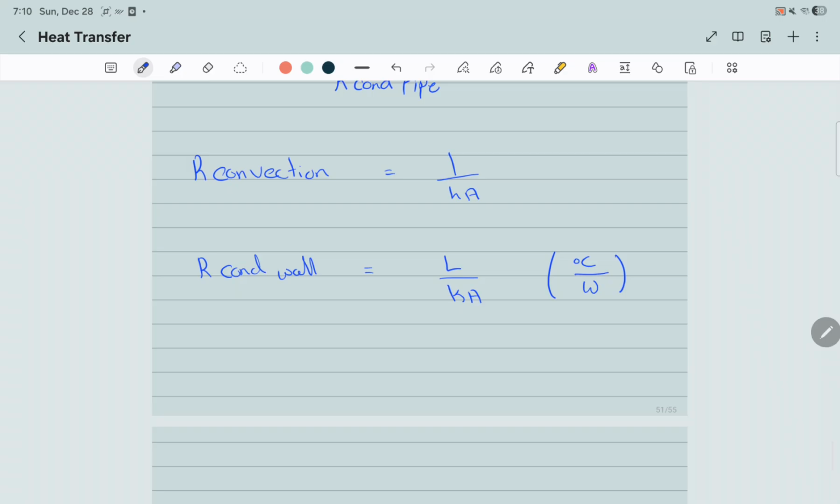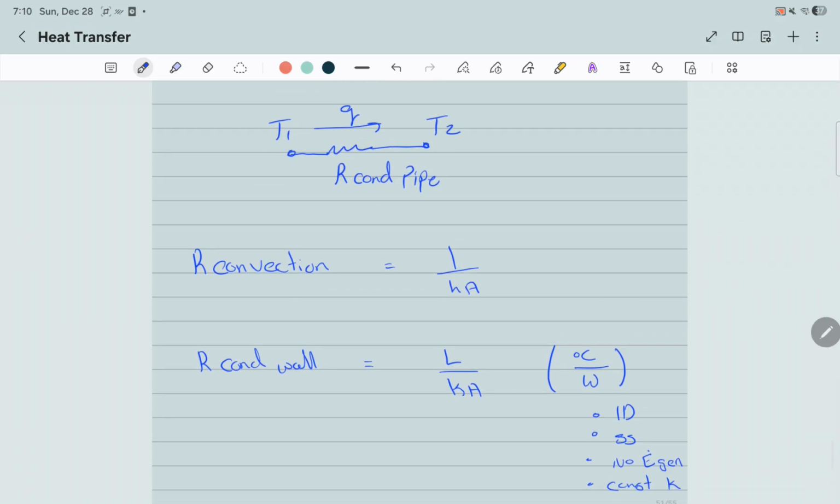For the conduction wall, this can only be true if it meets the same assumptions that the cylindrical pipe meets, which is one-dimensional, steady state, no energy being generated, and constant conductivity.